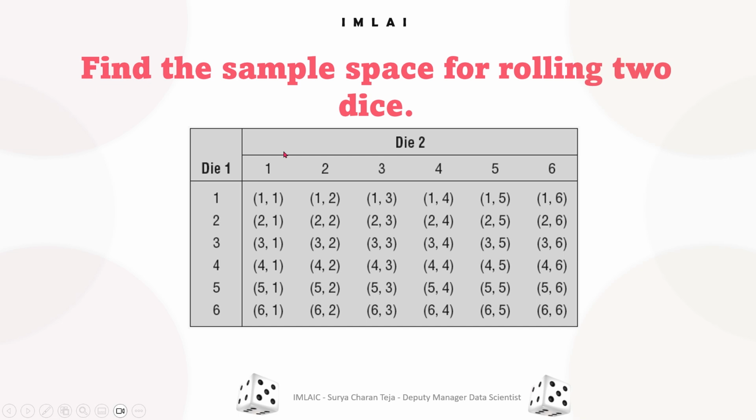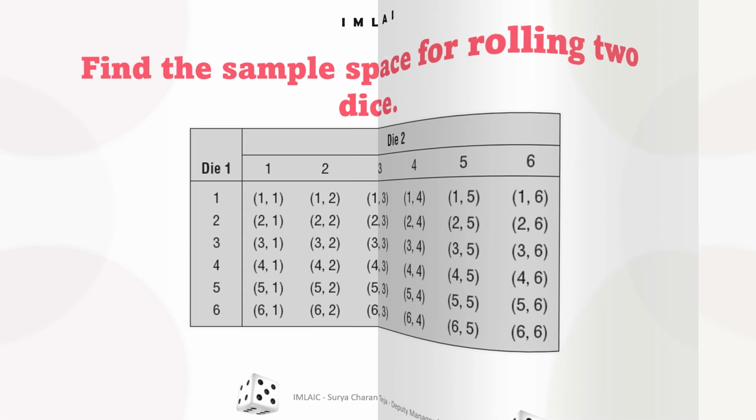These are the maximum combinations that we can have: 1 1, 1 2, 1 3, 1 4, 1 5, 1 6, 2 1, 2 2, 2 3, and the same way it goes till 6 1, 6 2, 6 3, 6 4, 6 5, 6 6. So 6 times 6, 36. Now let's go for the first question.